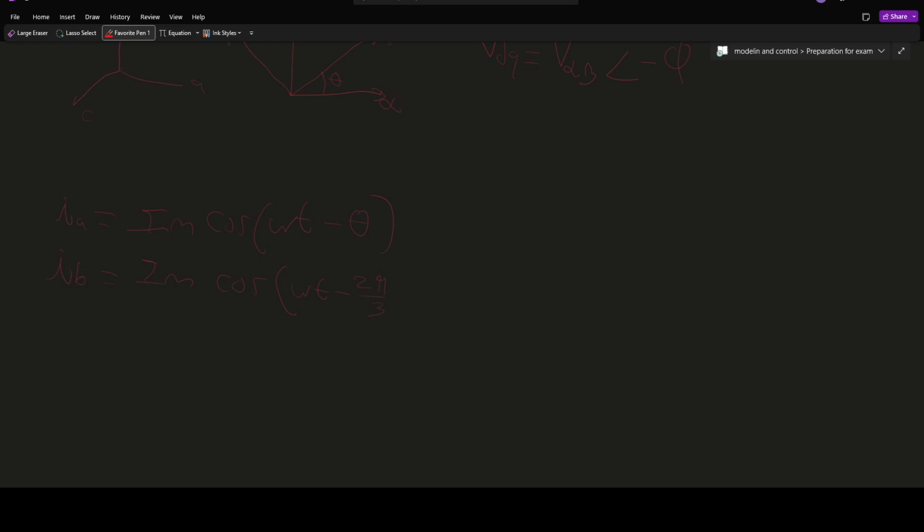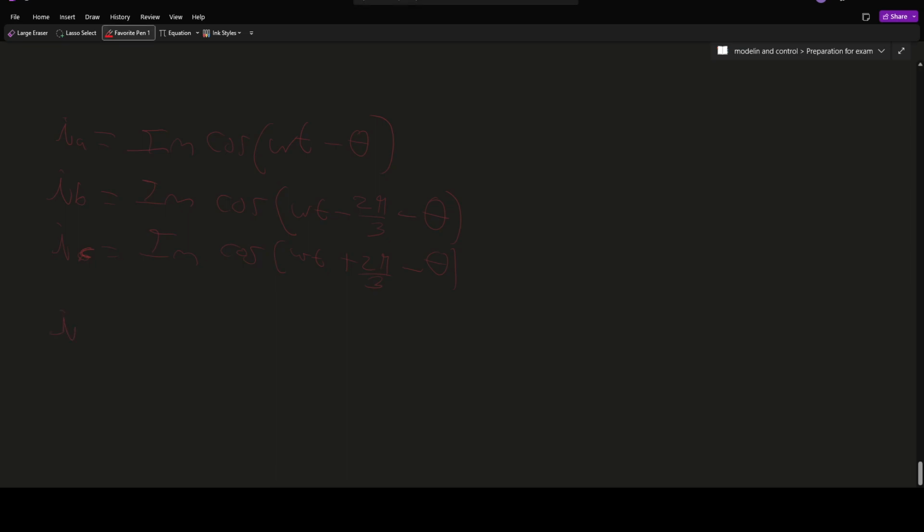This is 120 degrees from our angle theta in A. And now we have C, the amplitude times cosine of omega t plus 2 pi over 3, that's 240 degrees from an angle theta. So these were our three phase currents.